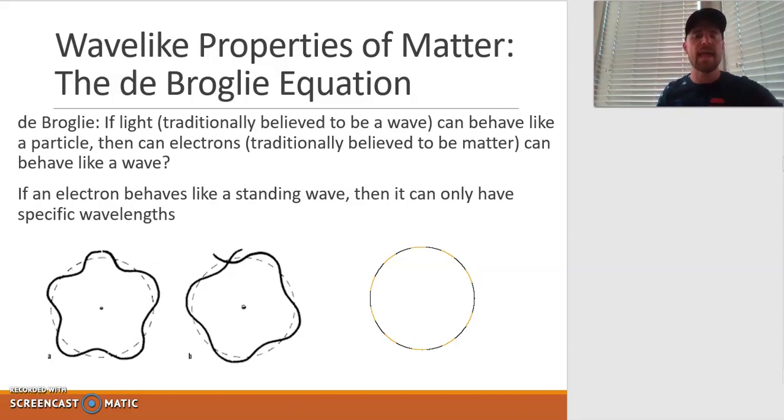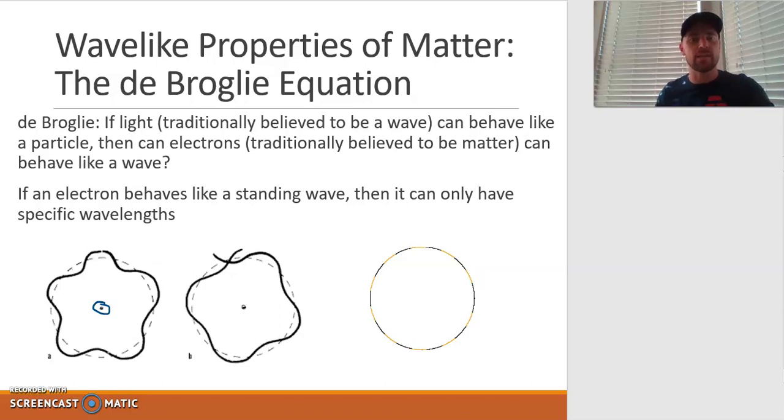If an electron behaves like a standing wave, then it can only have a specific wavelength. For example, in this first picture, imagine this is the nucleus right here, and the electron is moving in its fixed path around the nucleus. Now, Niels Bohr believed the fixed path was this circle that's indicated by the dashed line.